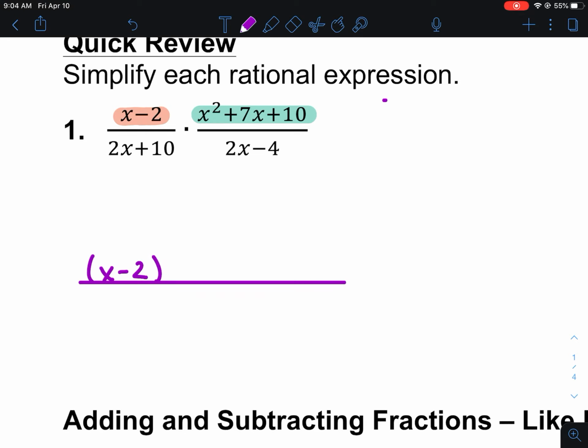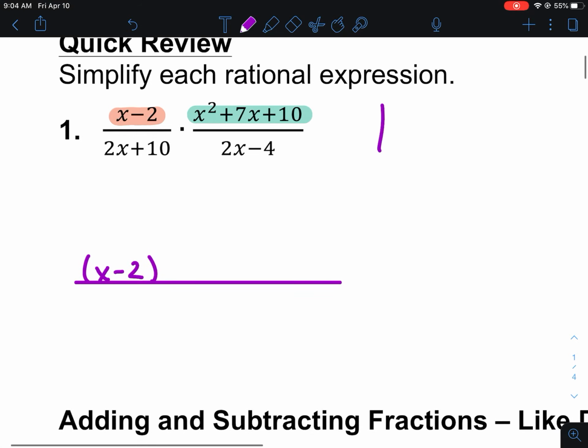Depending on what you did in Algebra 2, you can make a factor box and see what adds to 7x. Or you can just look at what multiplies to give you 10 that adds to give you 7, which is 5 and 2.